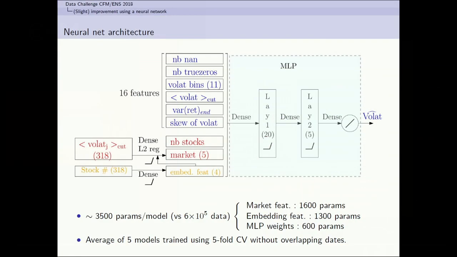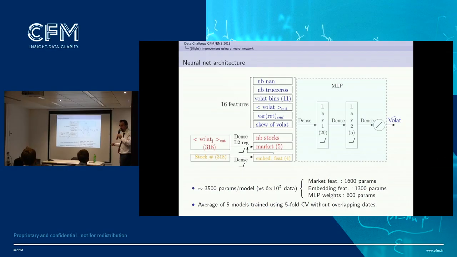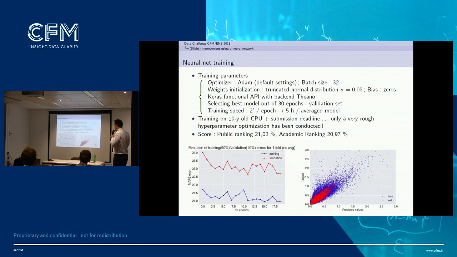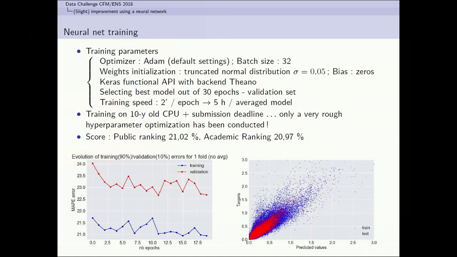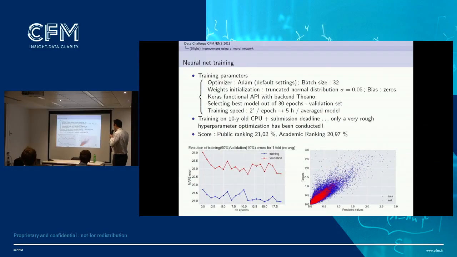So I used this model, and I use bagging, so I use an average of 5 of these models with a five-fold cross-validation. So here's the result. You have the predicted values against the targets here. That's typical evolution of the training error and the validation error.